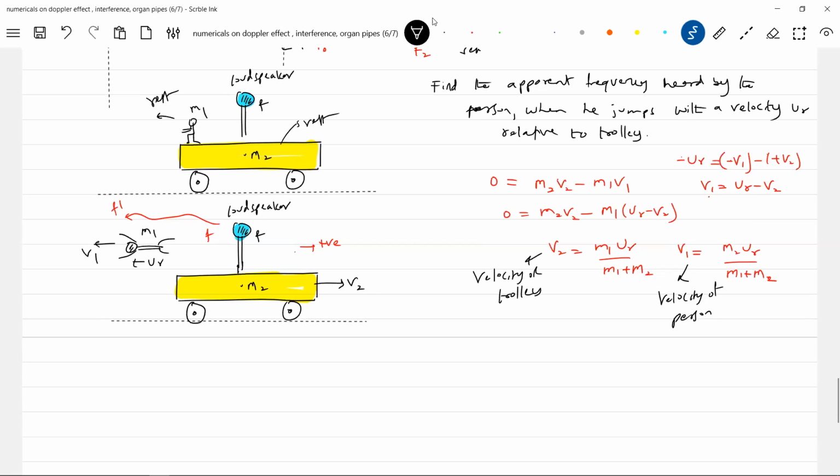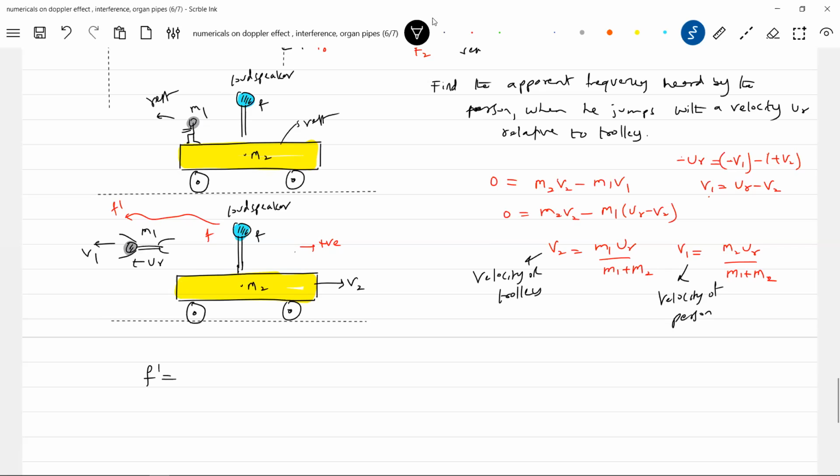Can we now apply the Doppler effect formula? Yes. Now the person becomes the detector. Is there any relative motion between the loudspeaker fixed to the trolley and the person? Yes, there's relative motion. So now how do we write the Doppler effect formula?